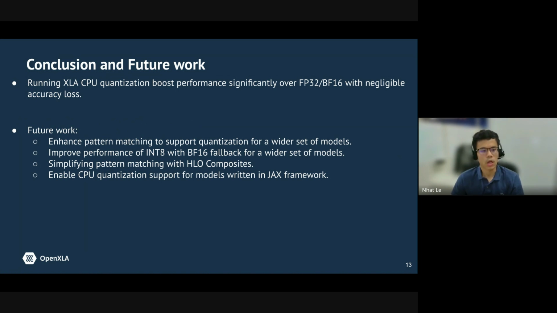In the future, we plan to enhance our pattern matching to support quantization for a wider set of models. Also, we observe that the performance of INT8 with bfloat16 fallback is better than bfloat16 in general, but there is still some room for improvement, so we need to keep working on that.